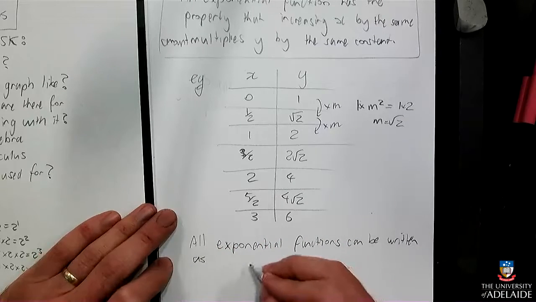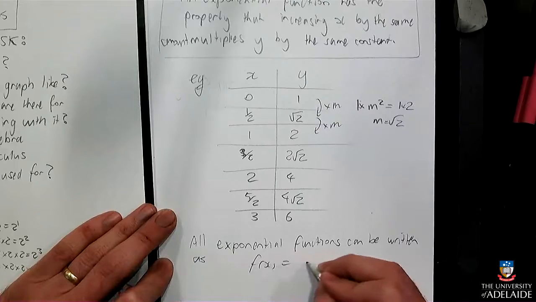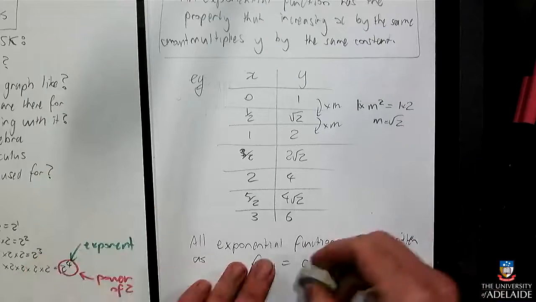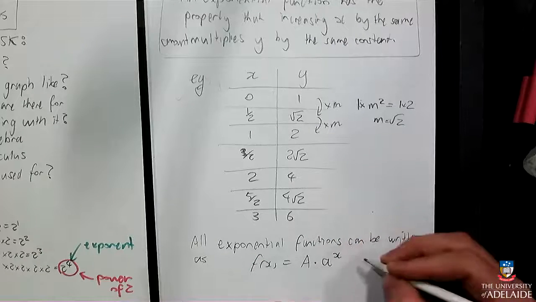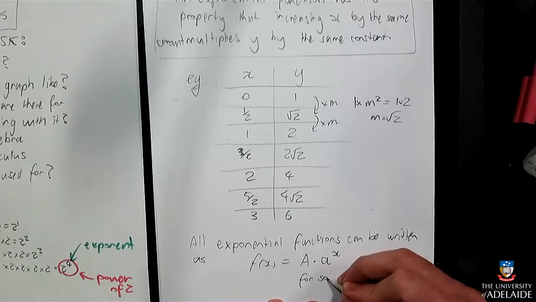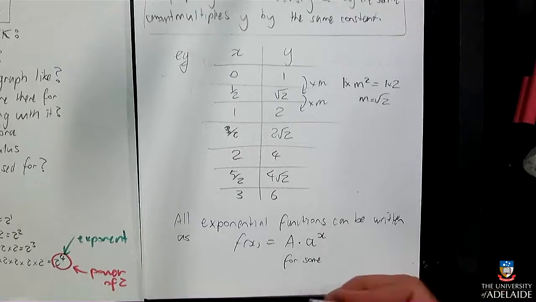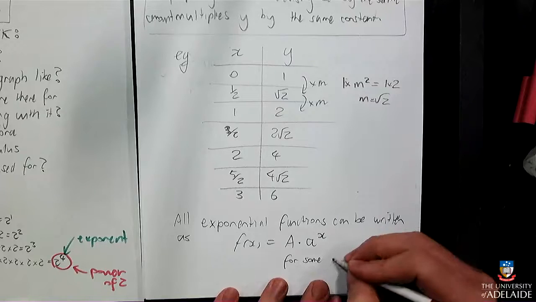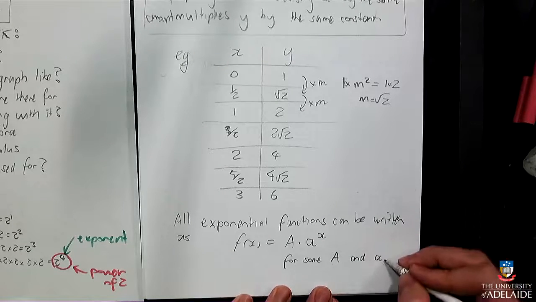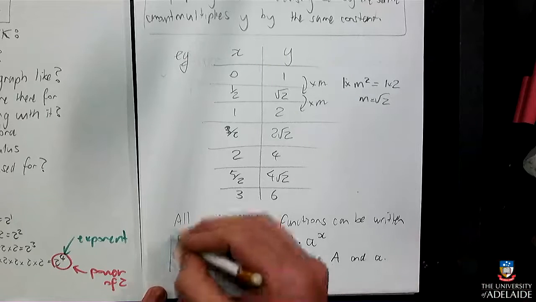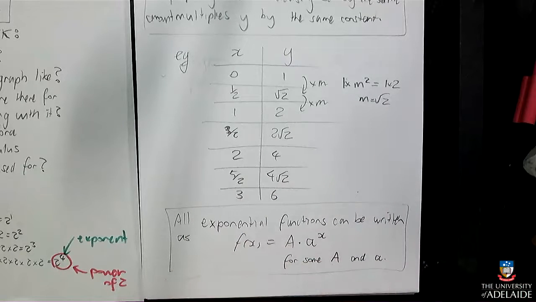All exponential functions can be written as f of x is some number a times some number to the x, for some a. And the classic number to use in this position is the number e, which is about 2.7.